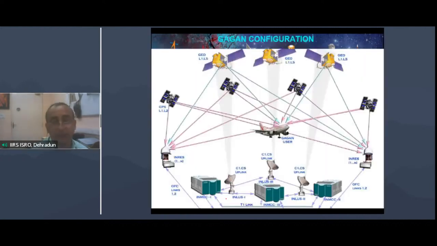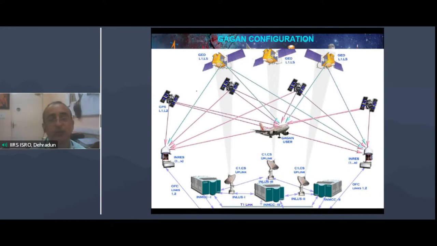In the Gagan configuration, you can see INMCC1, INMCC2, then INLUS 1 and 2, and the different referencing stations which are basically receiving the signals and transmitting to INMCC. From there the data is received at INLUS 1 and 2 to transmit it to the geostationary satellite.